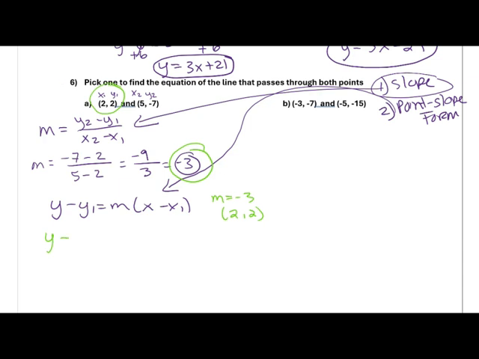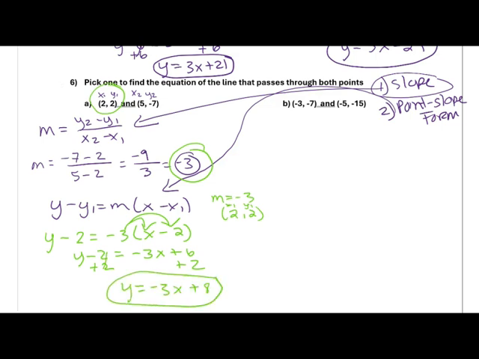All right, so y minus, this is x1, y1. Y minus 2 equals negative 3 times x minus 2. So y minus 2 equals negative 3x plus 6 because I did my distributive property. Add 2, add 2. So y equals negative 3x plus 8. That is my equation for A.